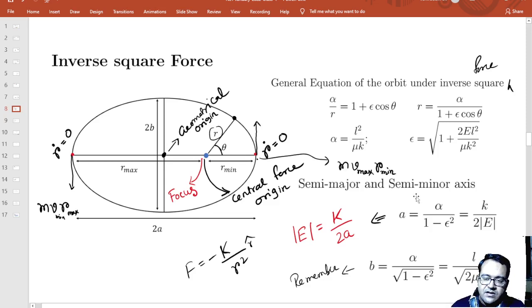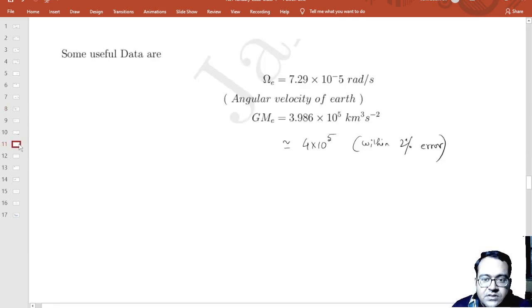This will have applications of this total elliptical structure in two or three problems we look at. This is some useful data.